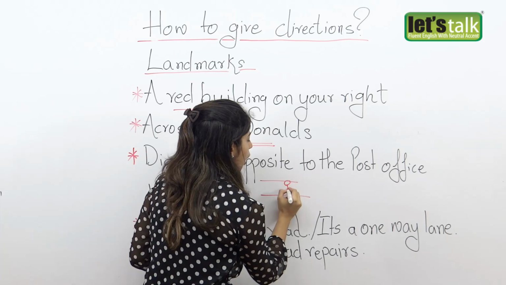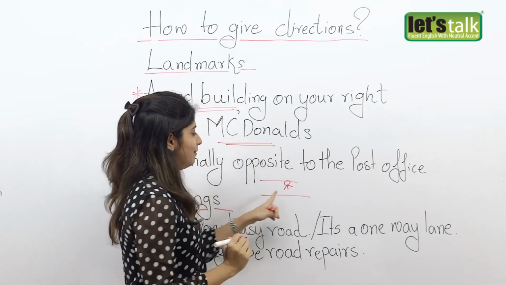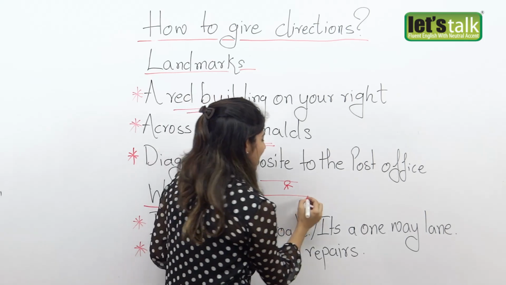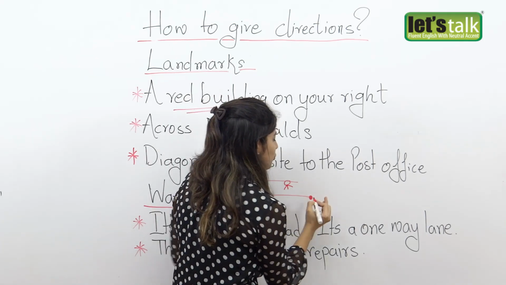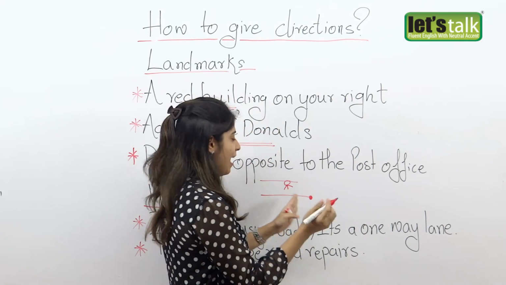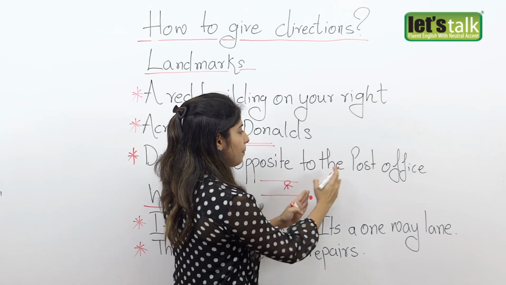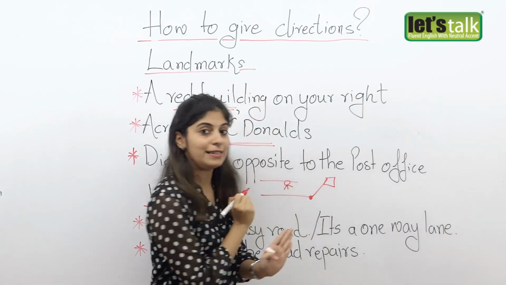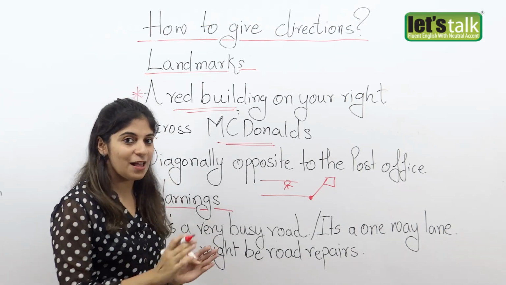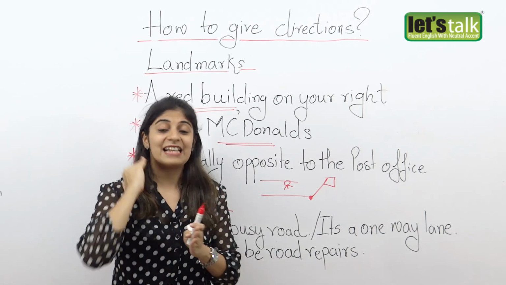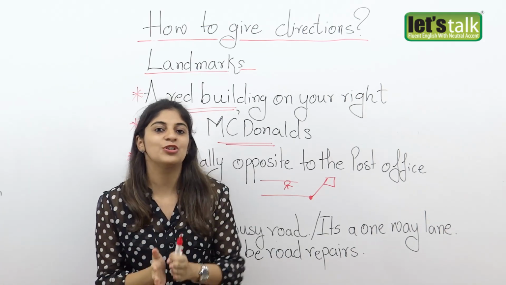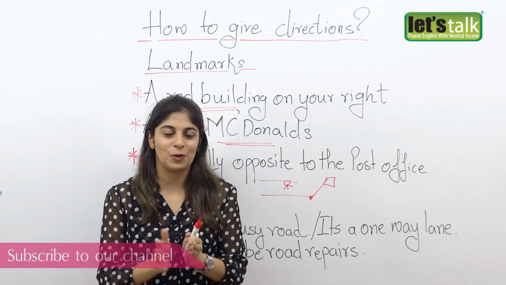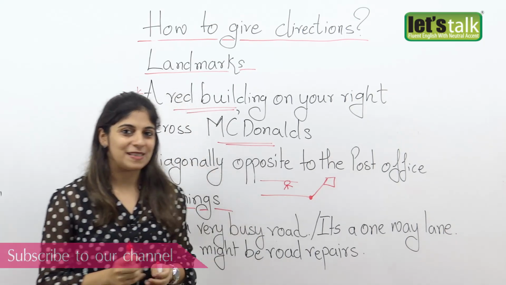This is where you are, and here is the post office. So it's diagonally opposite the post office, so it is right here. This is your destination. Diagonally means it's not exactly opposite. It's either to the left or to the right, but in the opposite direction. That's what we say, that it's diagonally opposite.